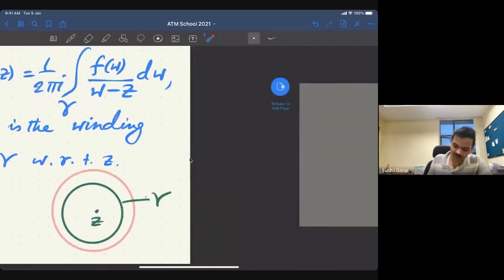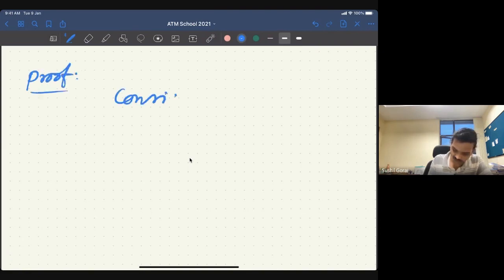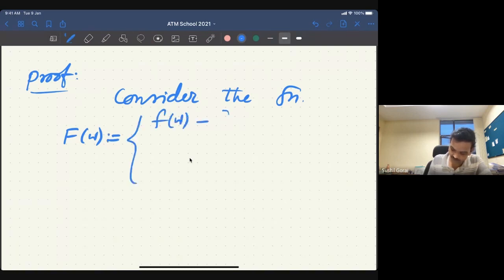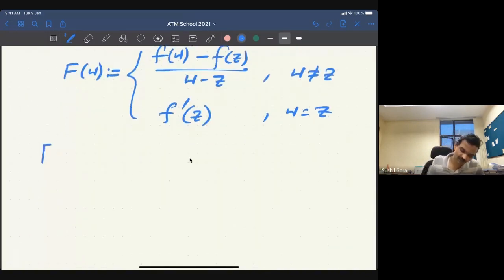Okay, but here the proof is very simple. We'll use a theorem proved earlier. So proof: consider the function capital F(w) defined as f(w) minus f(z) by w minus z for w not equal to z, and f'(z) for w equal to z, right? So capital F is continuous, but you don't know whether it is holomorphic.